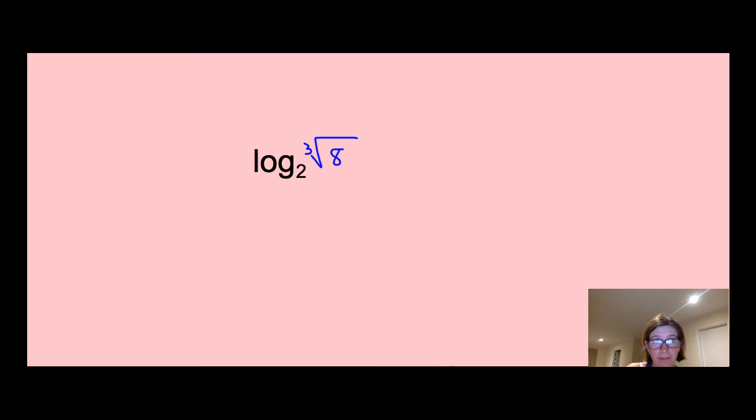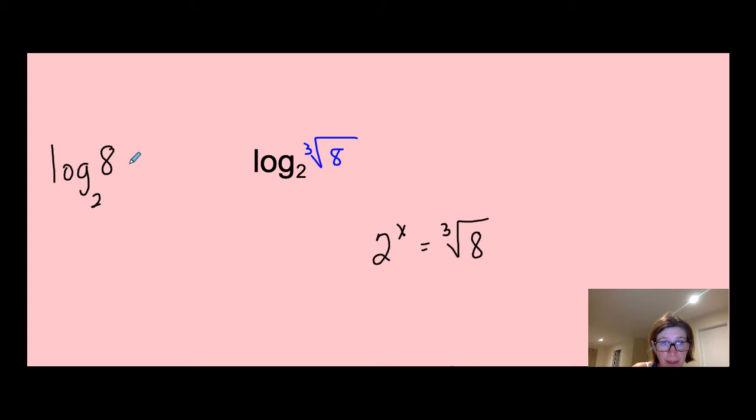All right, a little more challenging, log base 2 of the cubed root of 8. Okay, so that means 2 to what power equals the cubed root of 8? Okay, I'm going to take a step back before I do this. What if I said to you log base 2 of 8? Well, you'd set it equal to x.